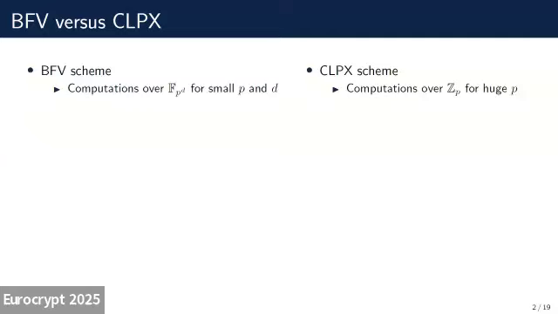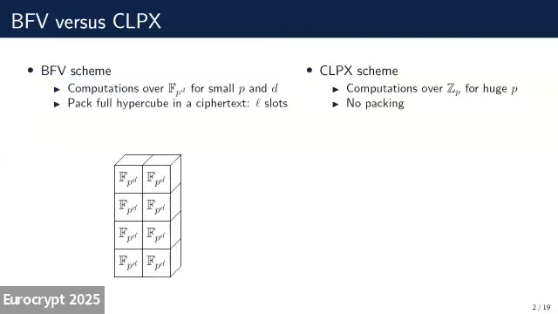Okay, to motivate this talk, I would like to make a comparison between two schemes that we already have today. On the one hand, there is the BFE scheme. In this scheme, we will do computations, typically over some very small finite fields. And then on the other hand, there is a scheme known as CLPX. In this scheme, we will do computations over some quotient ring of the integers modulo some huge p.